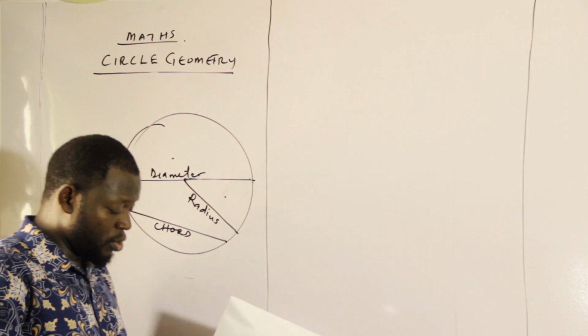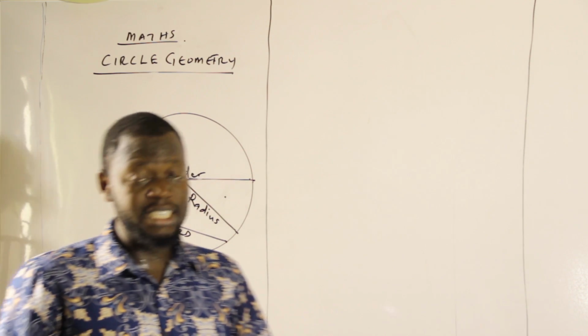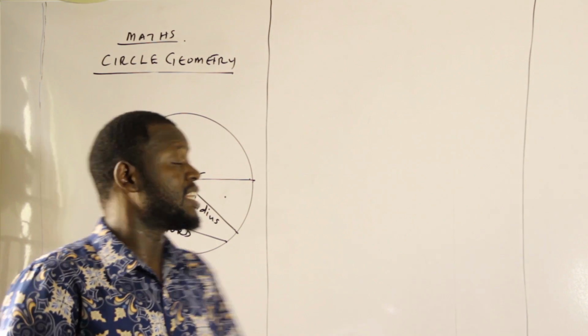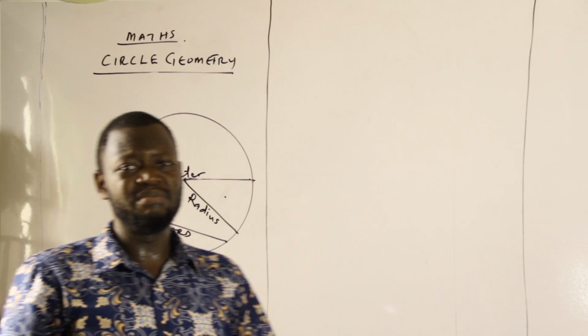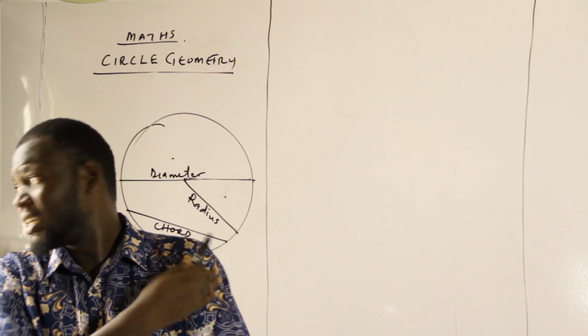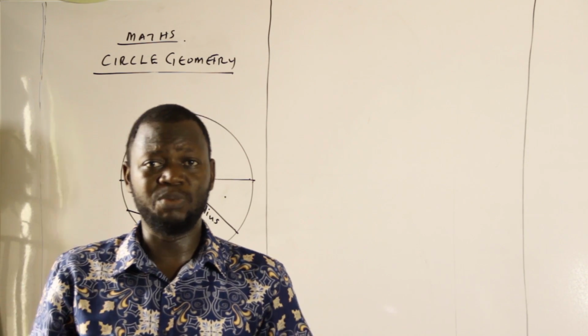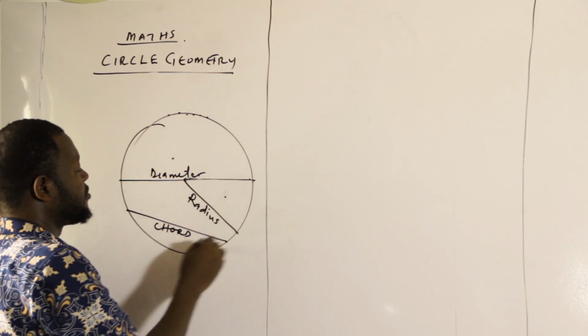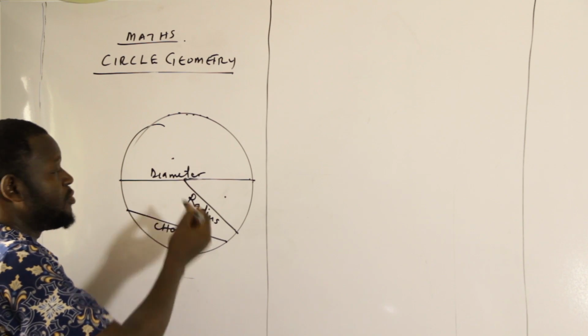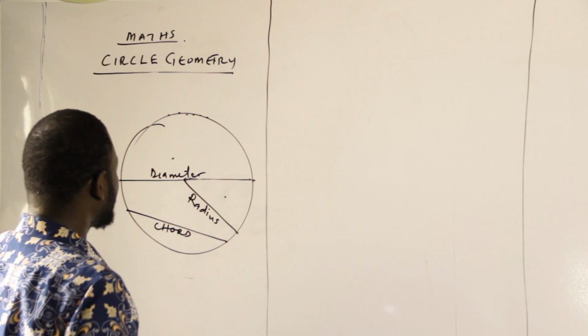Once we have clarified that, we need to understand what a circumference is too. Circumference is more like the body of a circle, like your body. Every point here is part of your circumference. What else do we have to discuss?